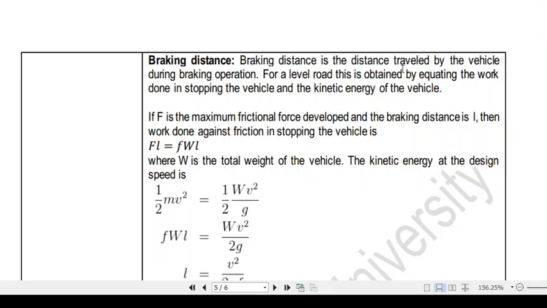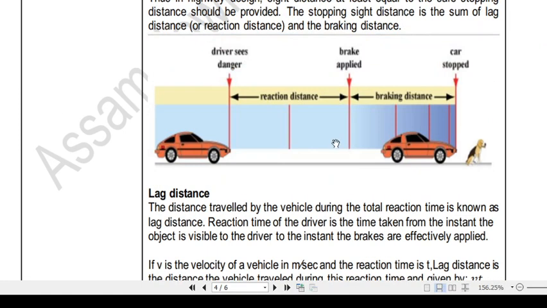That is the force applied over some distance, the force into that distance. So if F is the maximum frictional force developed and the braking distance is L, then F into L is the work done.